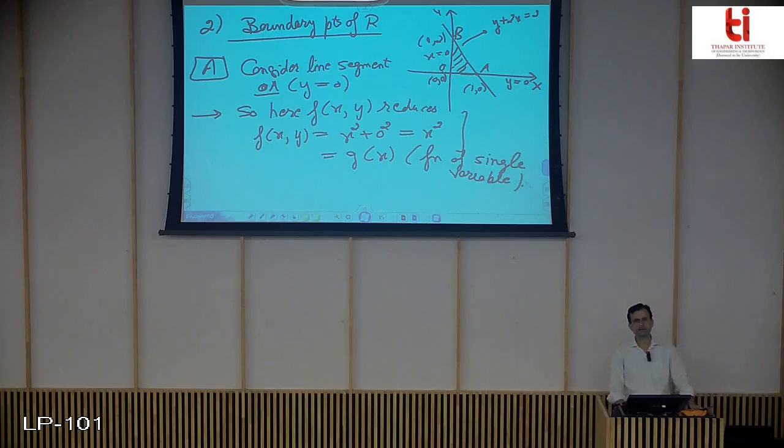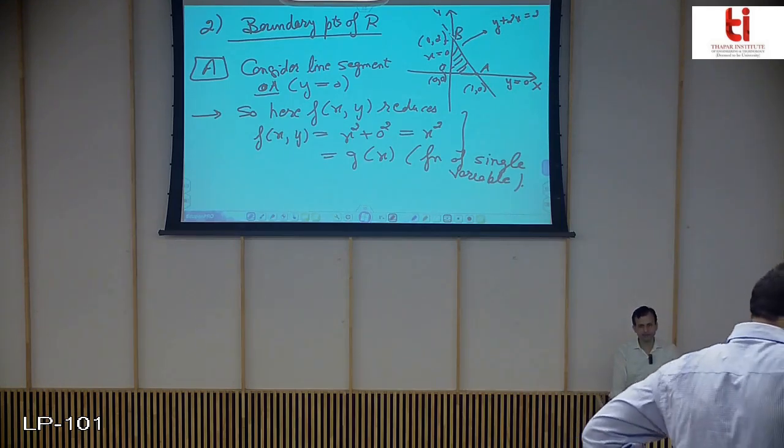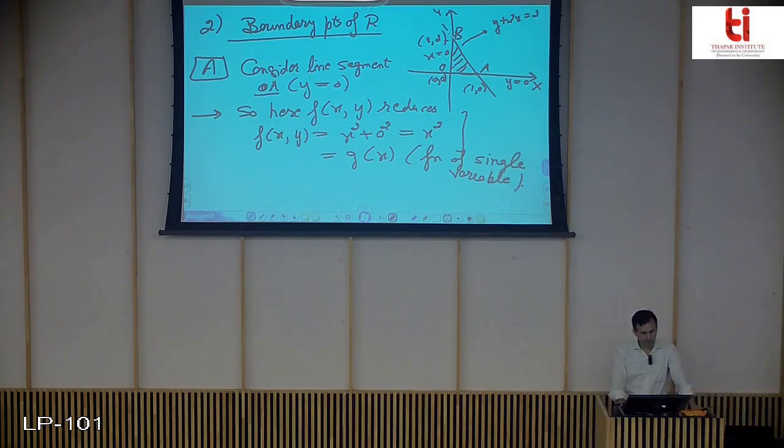So here the boundary is y equals 0 or line OA, and corresponding to this line, the surface f(x,y) is reduced to g(x), a function of single variable x. That is, on this line, the surface above it is equivalent to the single curve y equals x square.